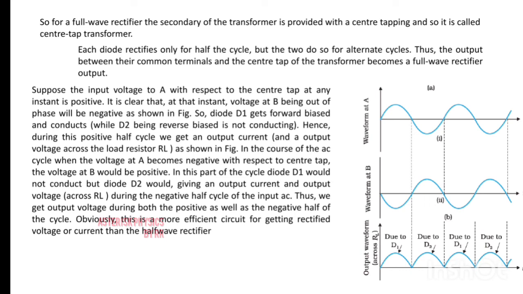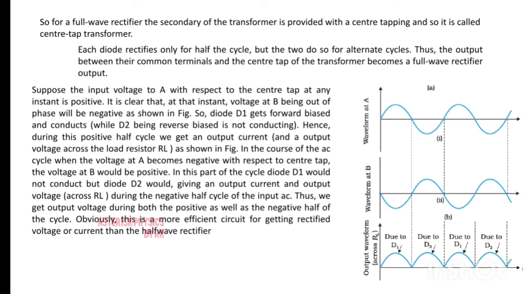Suppose the input voltage at A with respect to the center tap at any instant is positive. The first two figures represent the waveform at A and the waveform at B for different instants. During one instant, the waveform at A is positive, whereas correspondingly the waveform at B is negative.